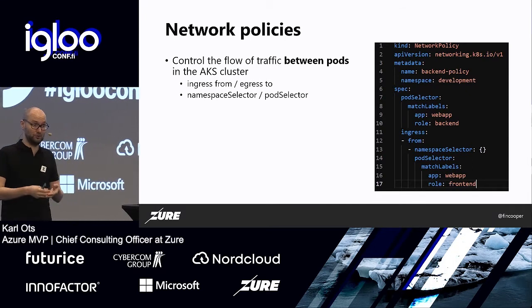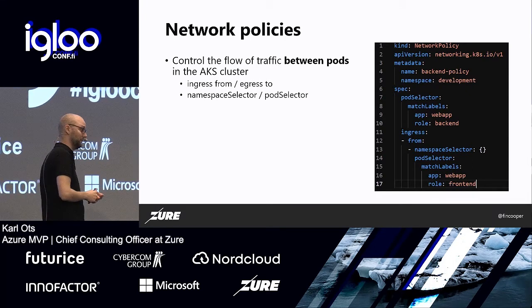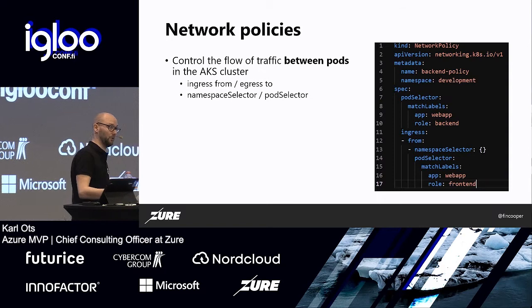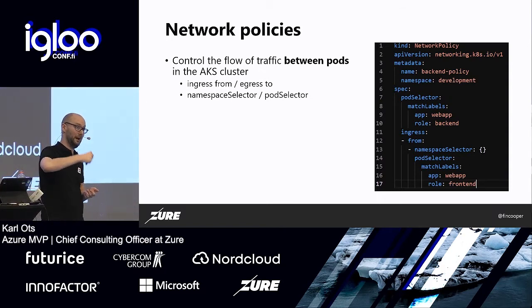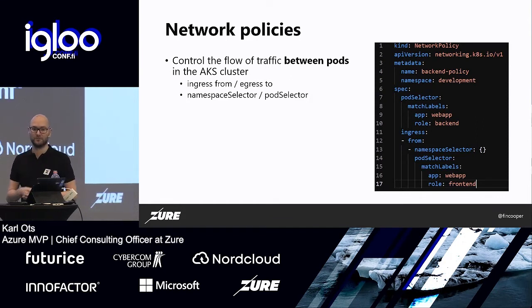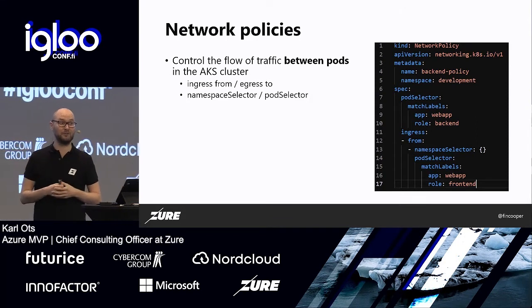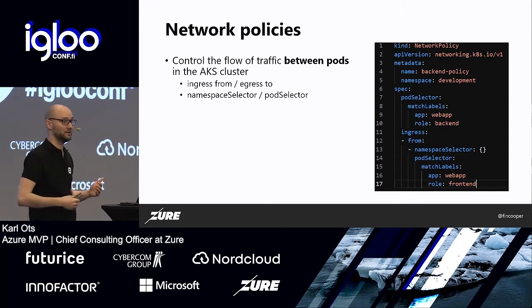Because they are not talking directly to each other, they are not even talking through the Docker network layer, they're actually going through the load balancer of the cluster, so the Kubernetes network layer. So there's 2 or 3 abstractions even before we start talking about this Azure virtual network.